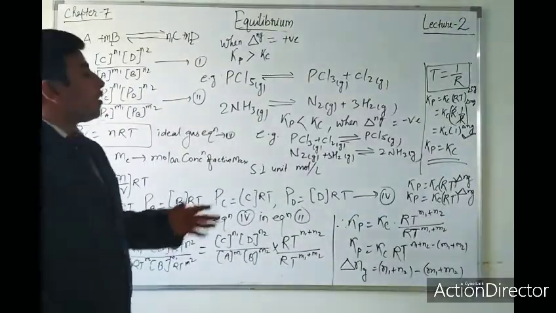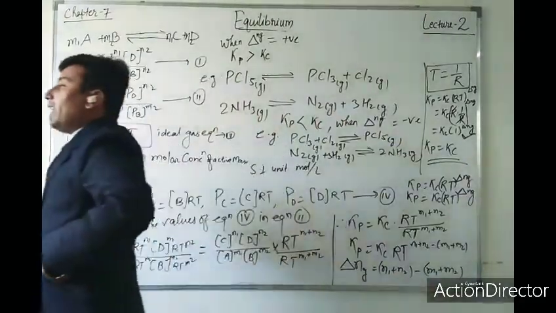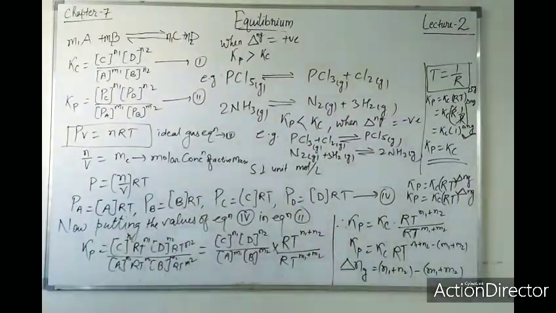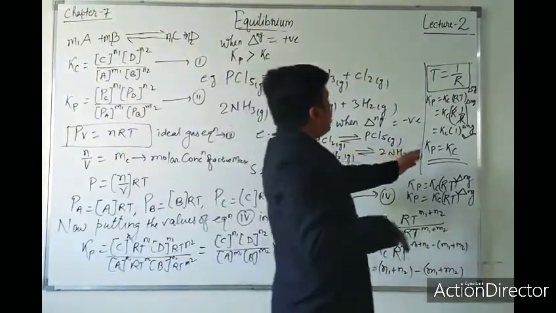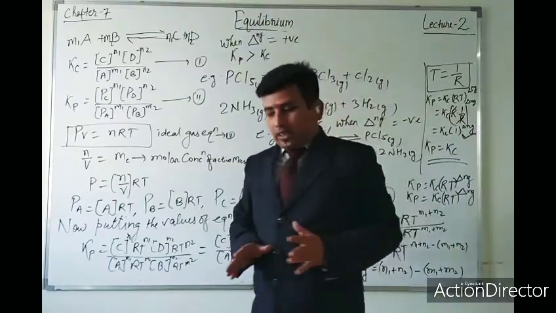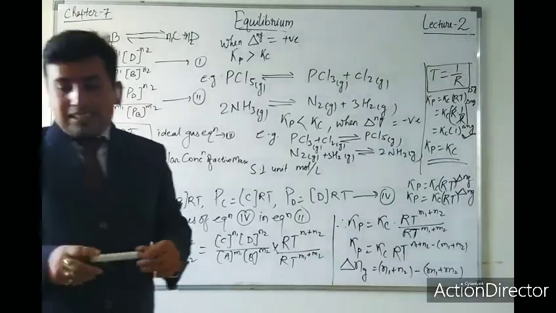If anybody asks you, sir, what are the applications of this equilibrium constant K, where it is being used, then you can tell them it is the stability of reactant and product. The stability of reactant increases when the value of K decreases, and the stability of product increases when the value of K increases.